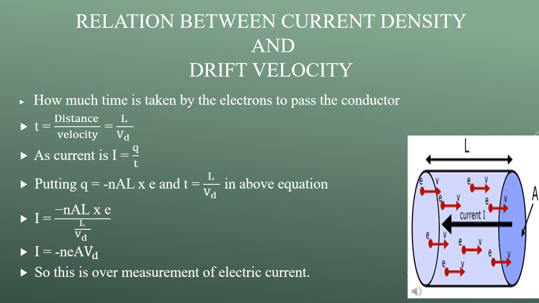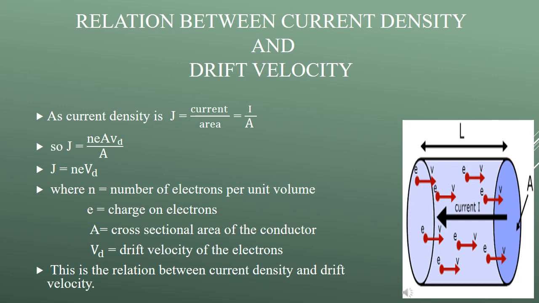That is the significance of this negative. Otherwise, magnitude wise, I equals nevdA. So this is our famous formula of electric current related to drift velocity.